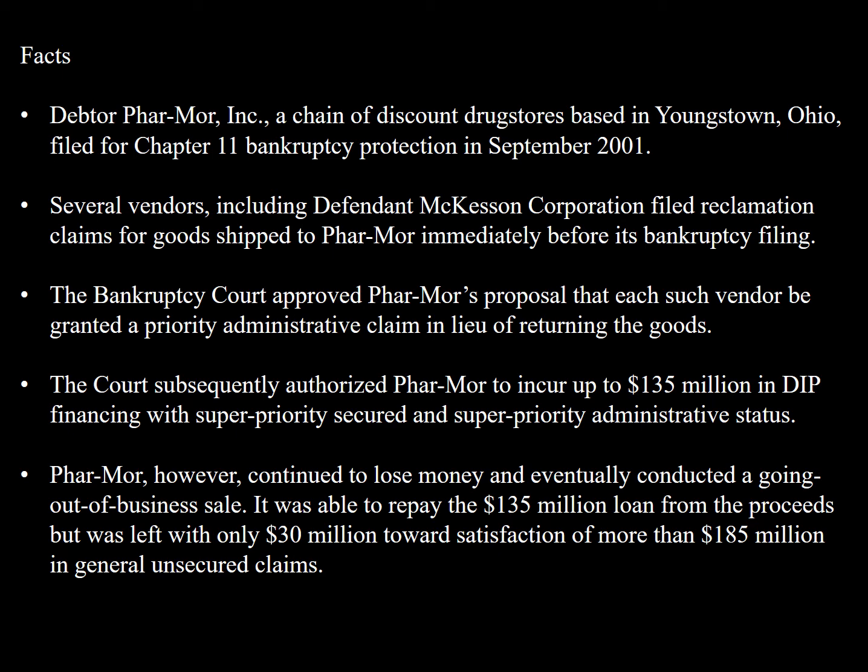In this fact pattern, you also have a secured creditor replacing a pre-petition creditor with a floating lien, which is also a common fact pattern. So you have the post-petition loan replacing the blanket liens of a pre-petition creditor. So you have a typical scenario. In this situation, the bankruptcy court ruled that the reclamation creditors would get administrative claims, high priority claims, despite the fact that there was a post-petition lender.